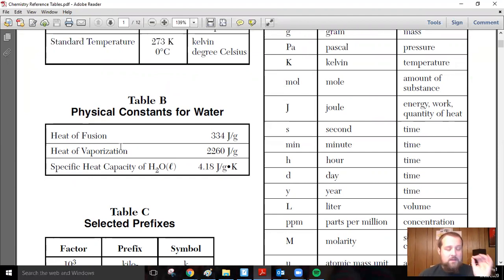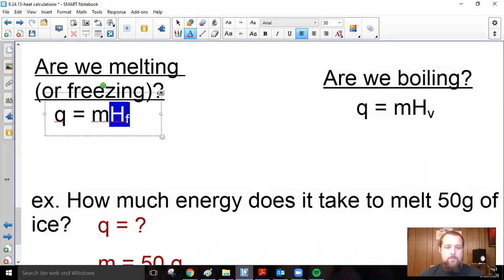We already know exactly how much energy it takes to make 1 gram of water melt or 1 gram of water boil. This shows us it takes much more energy to boil than it does to melt or freeze. In this case, the heat of fusion is 334 joules per gram.